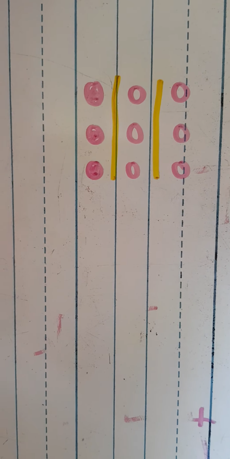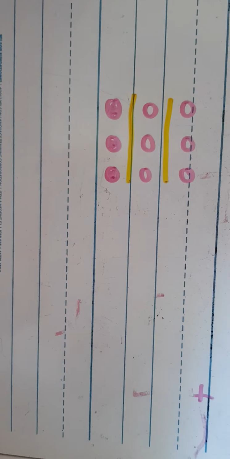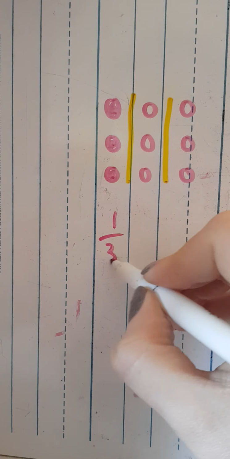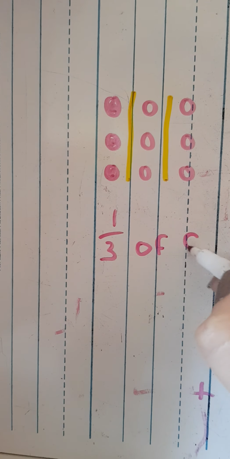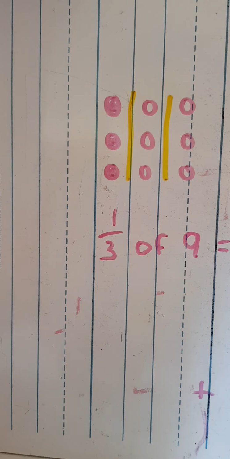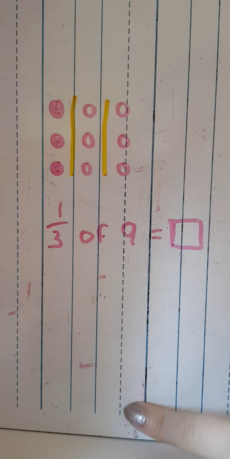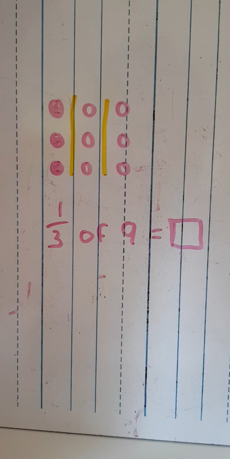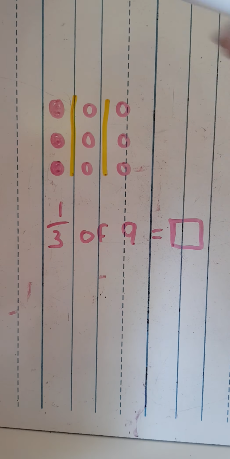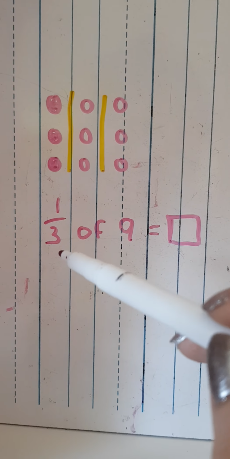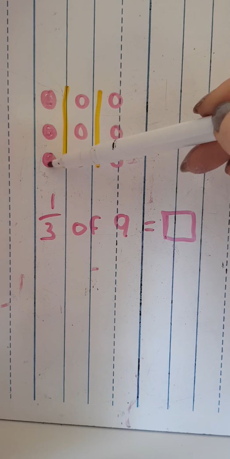And then underneath it says 1/3 of 9 equals blank. So all I need to do is figure out, what does 1/3 of 9 equal? So if I've got 9 altogether, 1 part out of 3 gives me 1, 2, 3.